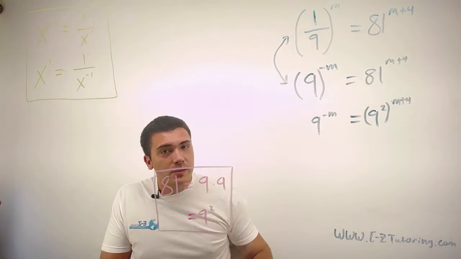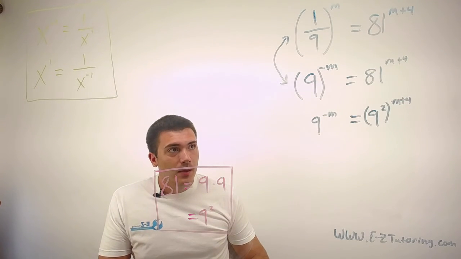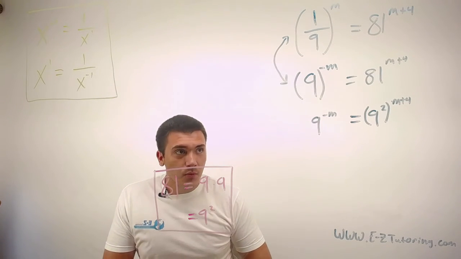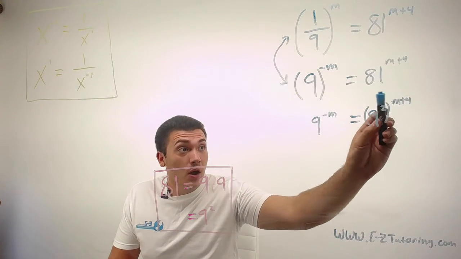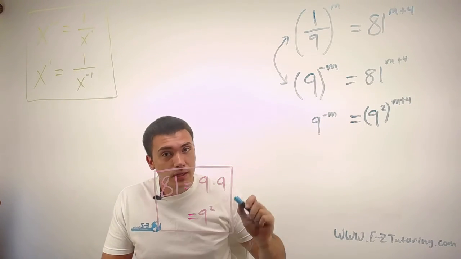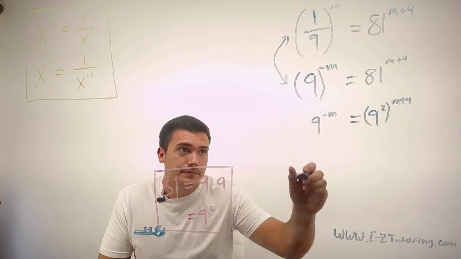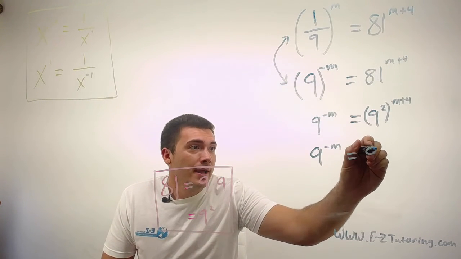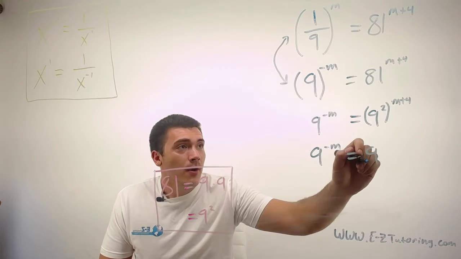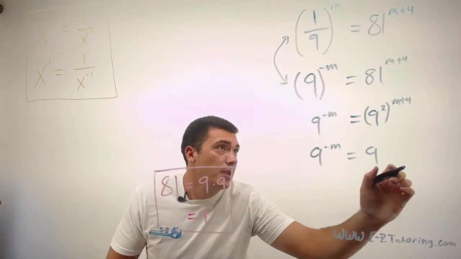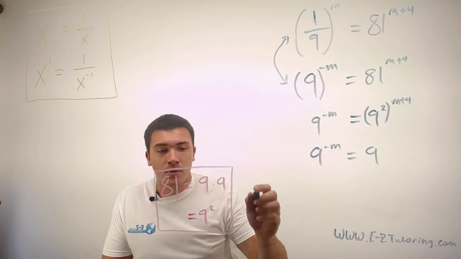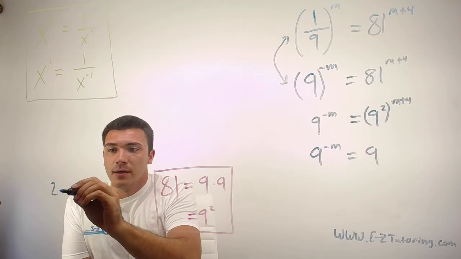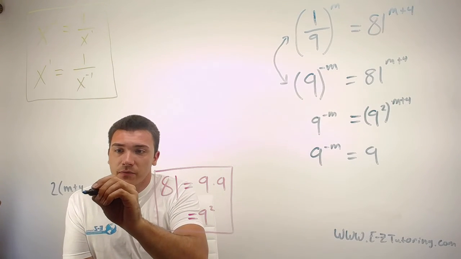So what do we do with this 2 now? Another rule is whenever you have an exponent on an exponent, you need to multiply those exponents. So we have 9 to the power of 2 times m plus 4. Let's go ahead and do that right over here: 2 times m plus 4.